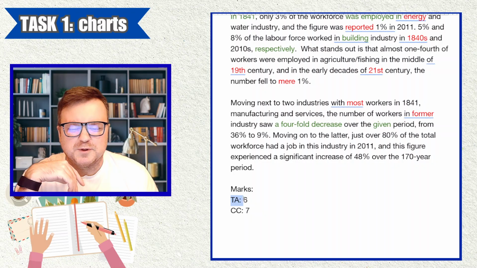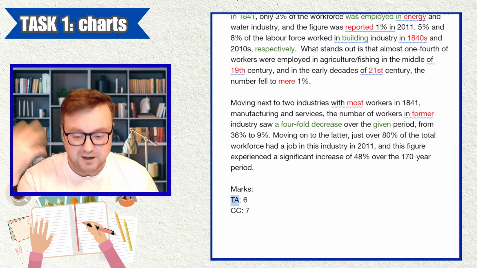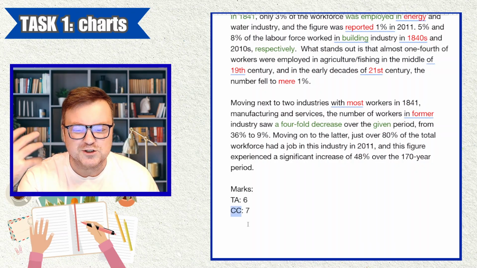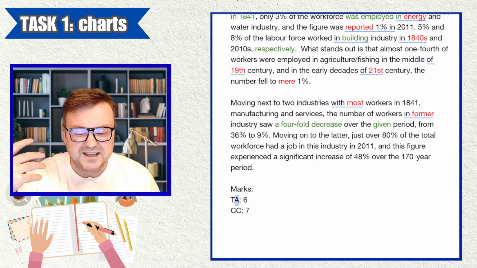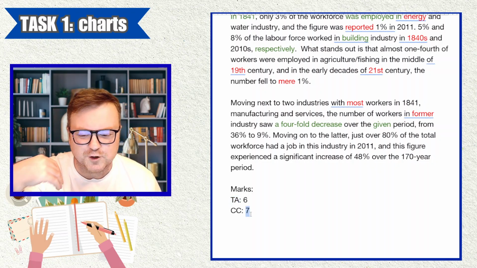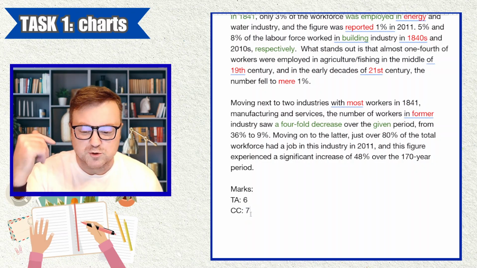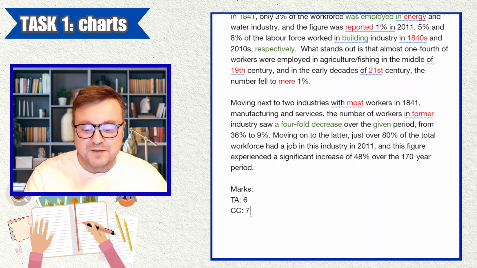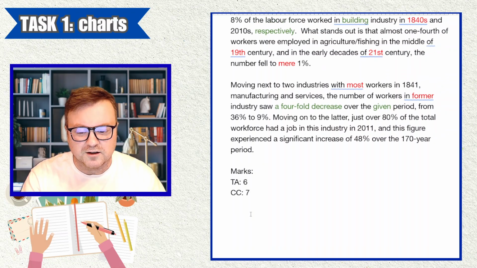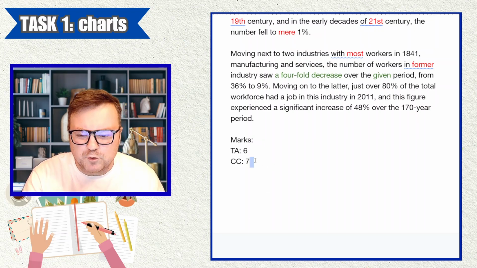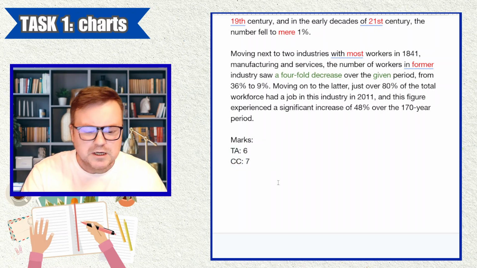So I'd probably want to give TA 6.5, but I can't. So I think, okay, I'll give it 6. Then when I come to coherence and cohesion, I want to give it 6.5. And I think, well, I can't. But because I gave 6 and not 7 for task achievement, I just think, oh, well, I'll give 7 for coherence and cohesion. We're not supposed to do it, but everybody does it. And in fact, even in my examiner training, I was told to mark like this. But okay. So yeah, both of these seem to be between the 6 and the 7.